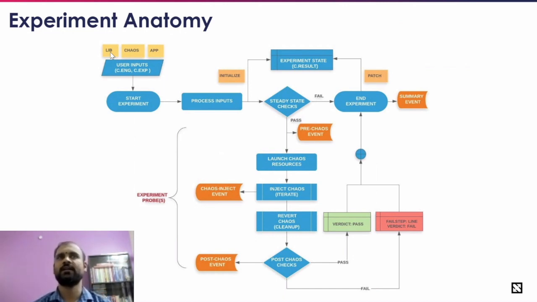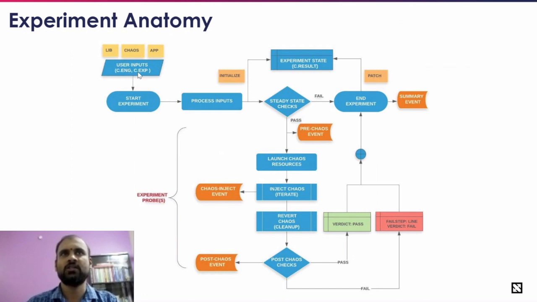You might have specified that inside of a chaos lib. You might have created separate images to do that. So you're going to specify that information, then the chaos tunables, and then the app information. So whatever you provided in the chaos engine and experiment is going to be distilled and passed into the experiment job. So this is what we are referring to as user inputs.